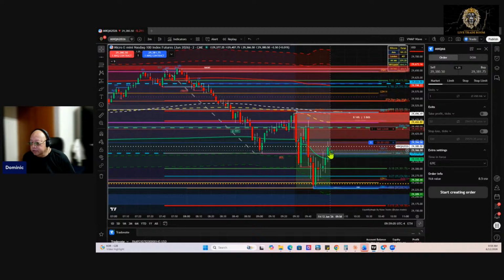I could have entered down here instead. I only have one contract. Let's see if it's going to work out. You may bounce off this. Look at this. No, it's going to go down now. Probably bounce off the +1 deviation here. Hopefully it goes back up. Because right now, it's going to probably test around here somewhere.